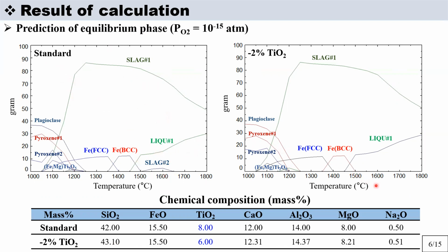On the other hand, in the figure on the right, there are only two phases, slag 1 and liquid 1. There is no slag 2 in the right figure. Therefore, as the amount of TiO2 in slag decreases, slag 2 disappears. In the case of -4, -6 and -8% of TiO2, we obtained the same results as -2% TiO2.